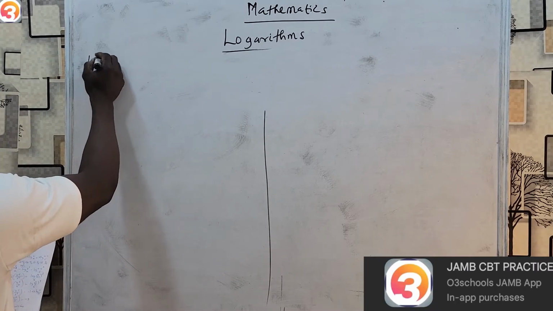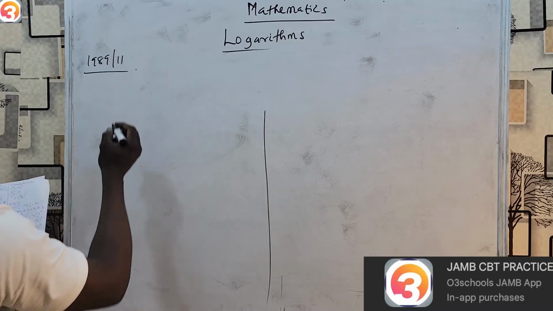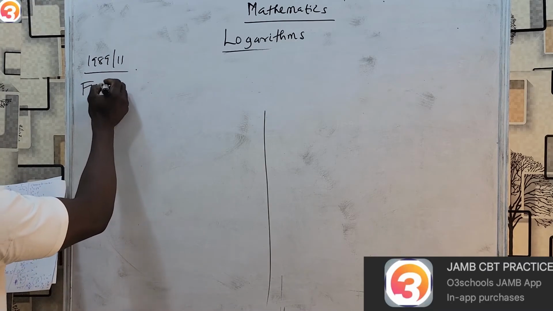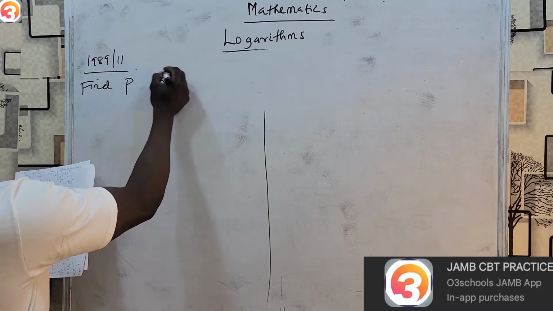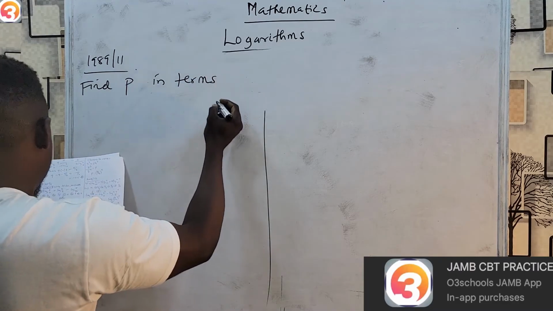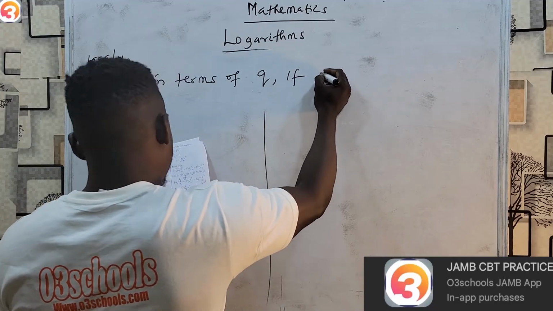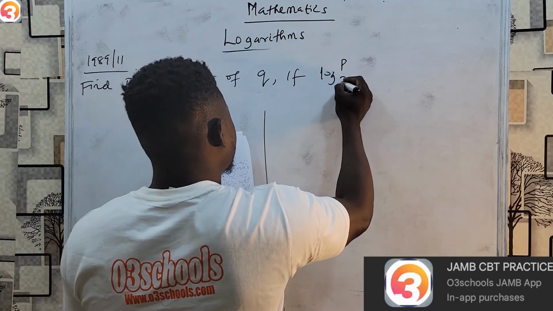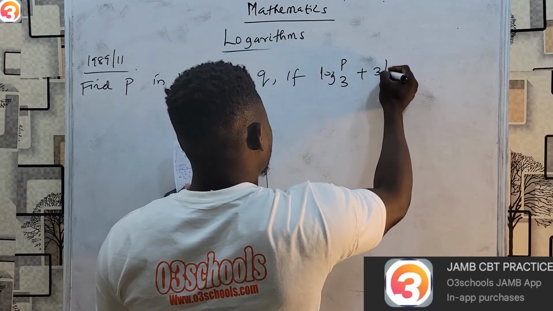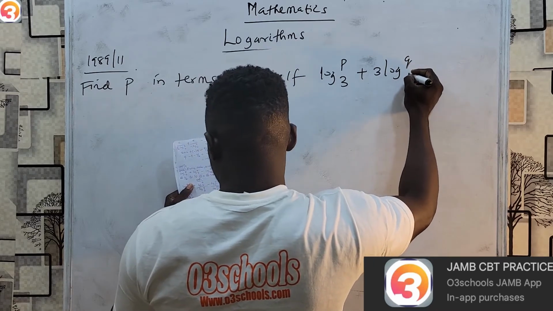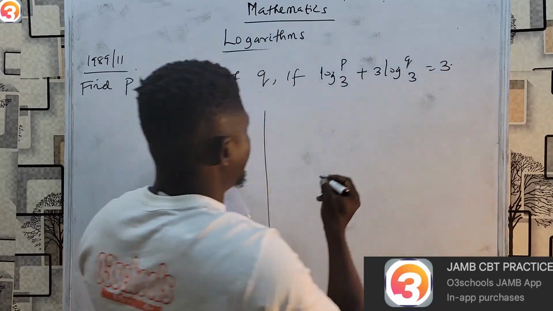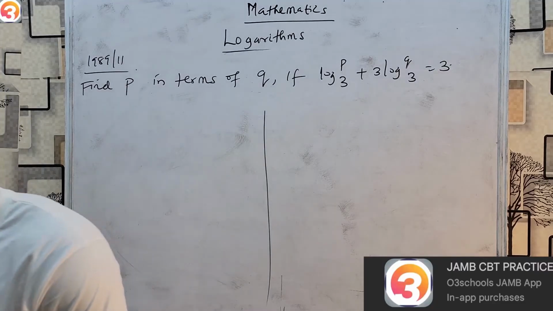All right, so let's go. This is 1989 question 11. They said find P in terms of Q if log P base 3 plus 3 log Q base 3 is equal to 3. So it's very, very easy, right?